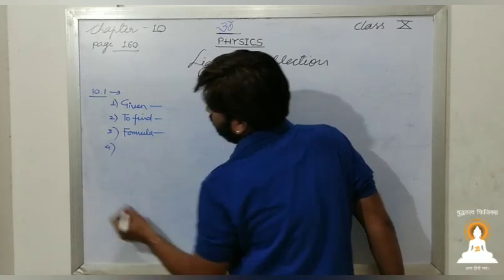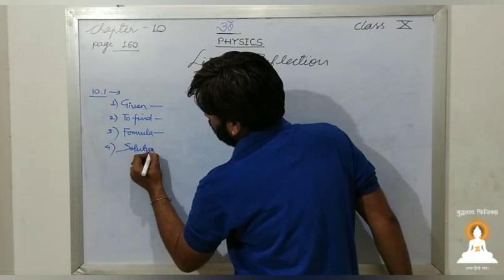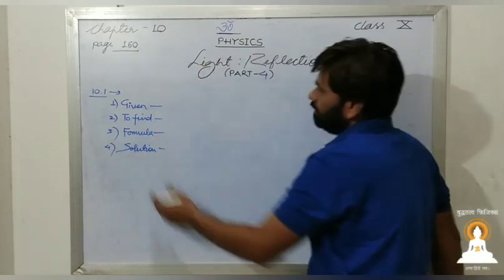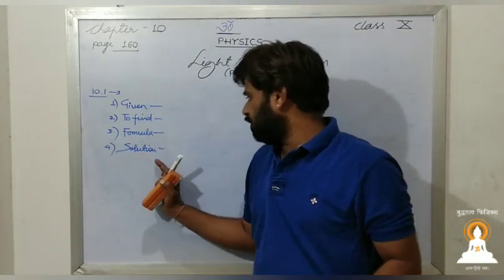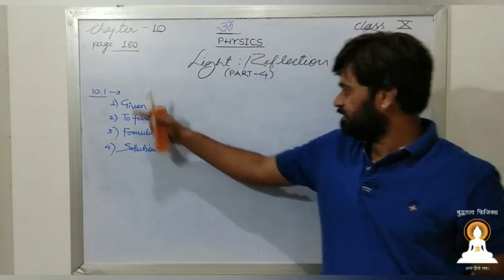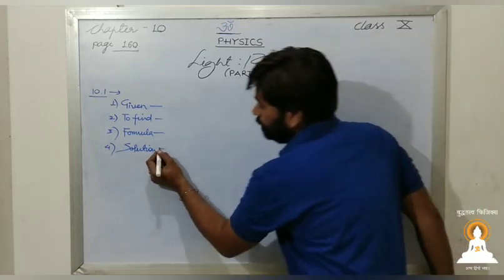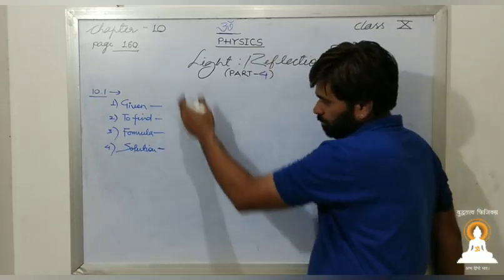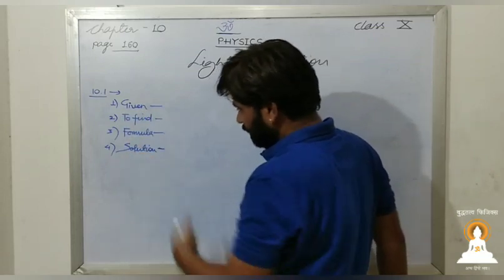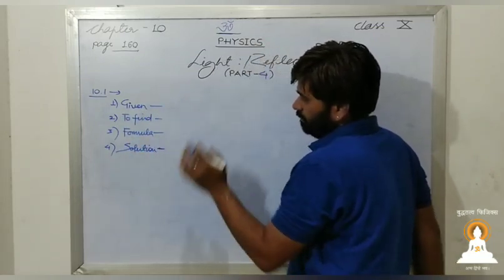And fourth is the solution. So this is nothing but any numerical. You should not be afraid of any numerical, just follow these steps. This is nothing but a recipe. If you follow the procedure in a proper manner, you will get the proper result from it.